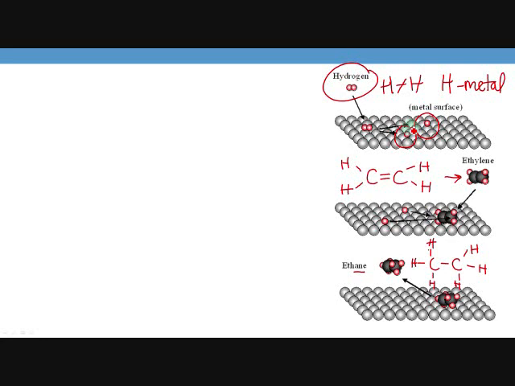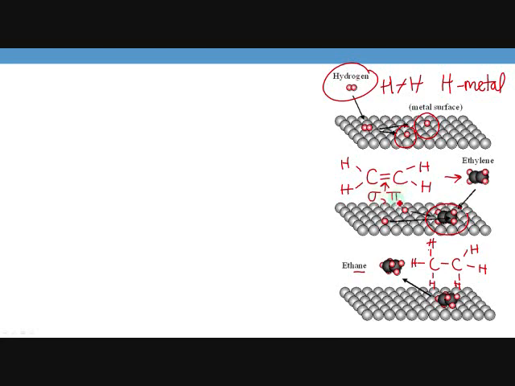Ethylene will come into the surface also. If it has a double bond, remember we learned about sigma and pi bonds earlier this year. When you have a double bond, one of those orbital or molecular bonds is a sigma and one of them is a pi.